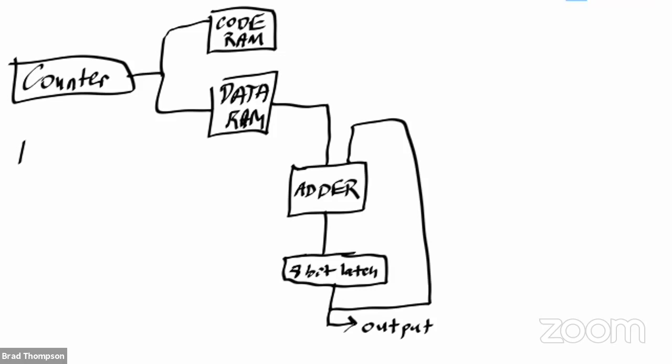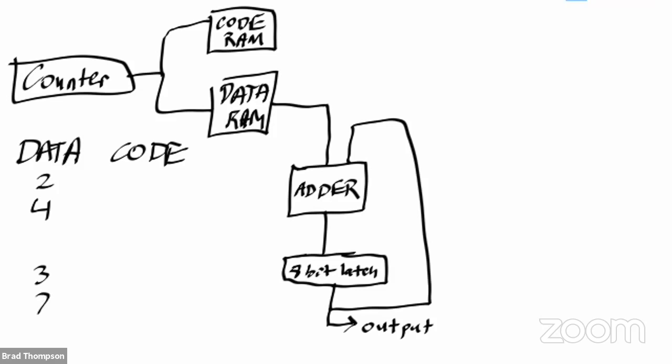So let's say our data, our code. So let's say we have 2, 4, we skip down a ways, we have 3.